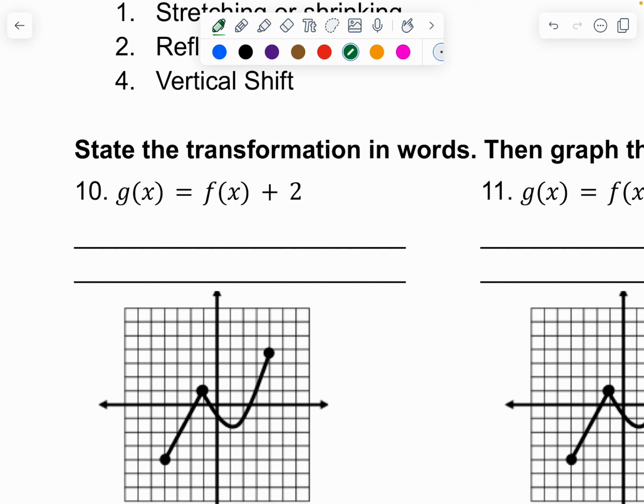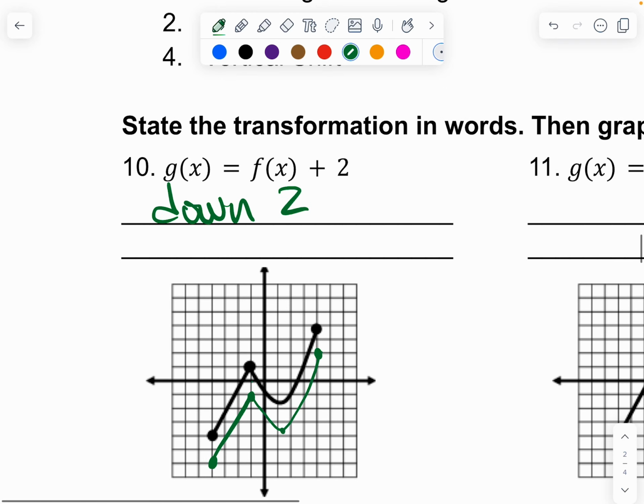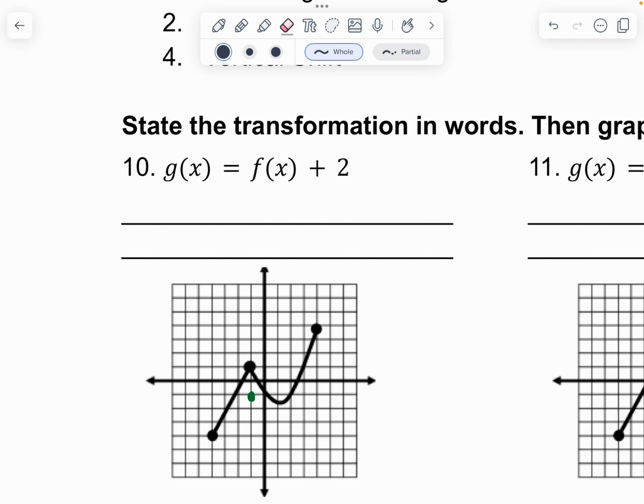Okay. So this one says that we are going to go down 2. So I go down 2, down 2, down 2, down 2. And I draw my lines. This one. Did I really just do that? I did just do that. And nobody's in class to get me wrong. This goes up by 2. This is positive 2. It goes up by 2, not down by 2.